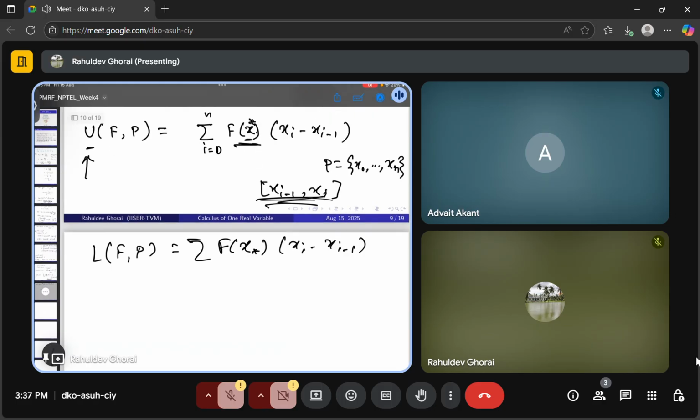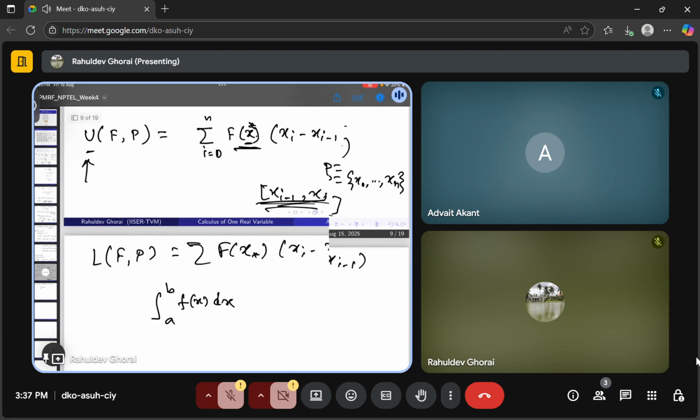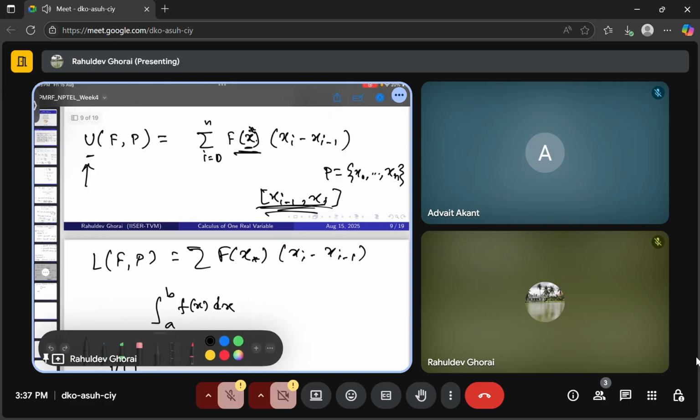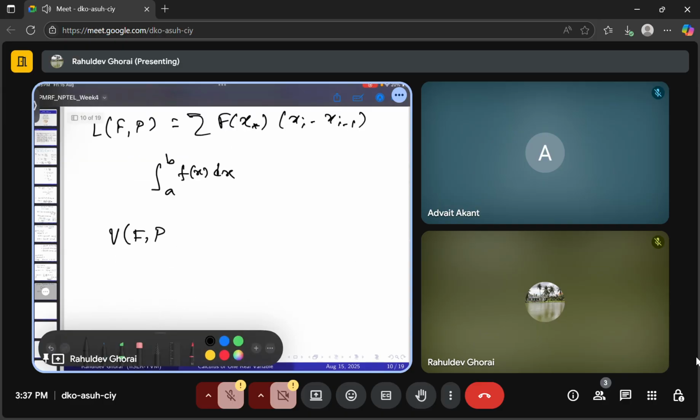The integrability of the integral from a to b of f(x) dx will depend on the upper sum U(P, f) and the lower sum L(P, f). You take the infimum of all the U(P, f) over the partitions, and the supremum of the L(P, f) over P. If they are equal, then that value will be equal to the integration value.